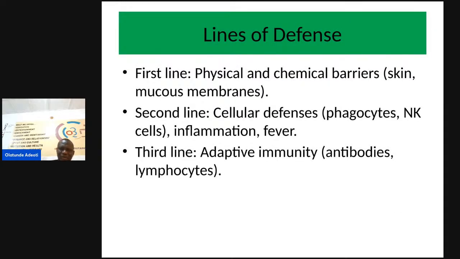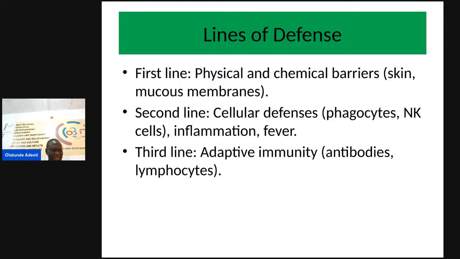What are these lines of defense that are available to all organisms at all times? The first line of defense is the physical and chemical barrier. This can be offered by skin and certain mucous membranes.